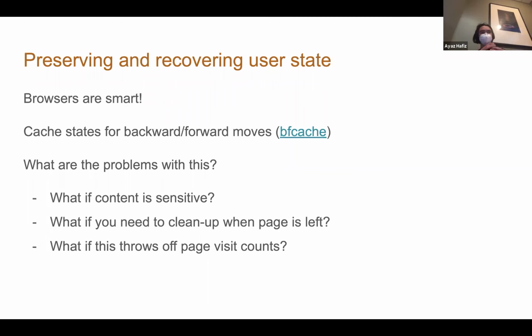And kind of tangentially, this might throw off what you interpret as visits to your webpage, right? So what does it mean to visit your webpage? Does it mean anytime someone comes from a previous location to your webpage? Because in that case, someone goes to your webpage, and then goes 5 web pages forward, and then 5 web pages back.